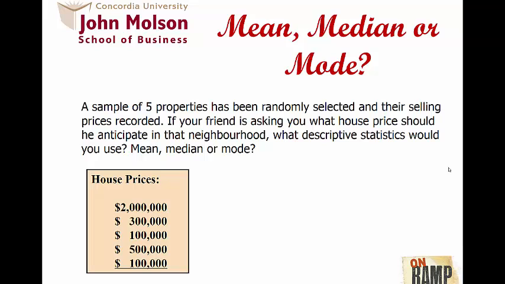Well, you will tell him there is a $2 million house, so be ready, but there are cheaper houses. So let's calculate the mean. The mean, 2 million plus 300,000 and so on, divided by 5, gives me that the average price of the house is 600,000. Is there something wrong with this? Of the 5 houses that I have considered, all but one cost less than 600,000.